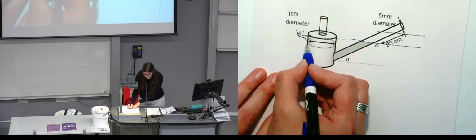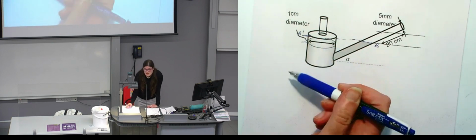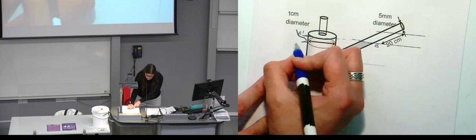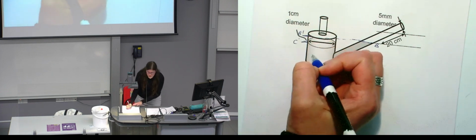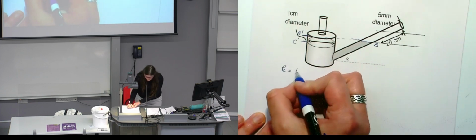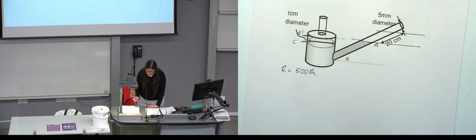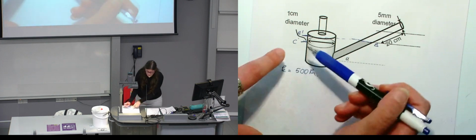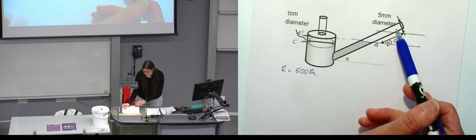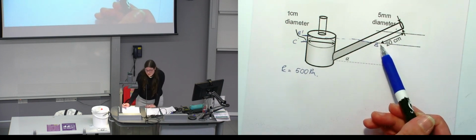And what it does is it lowers the oil. Because the pressure is bigger than before, it lowers the oil to this C point, and the pressure at C is 500 pascals. Because this pressure pushed the oil down, this oil will move through the tube, and this is the displacement in the tube.